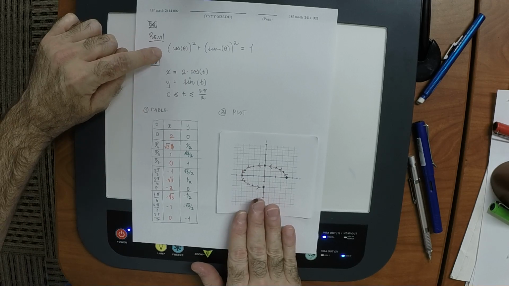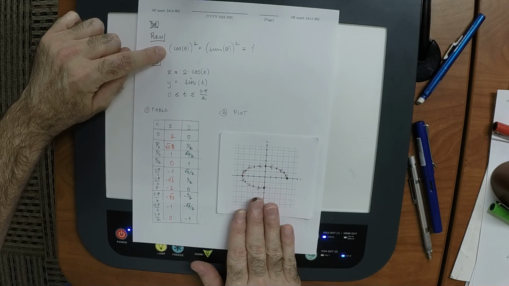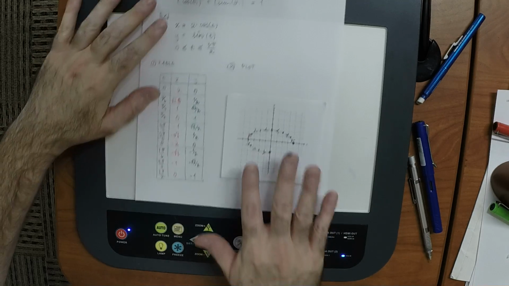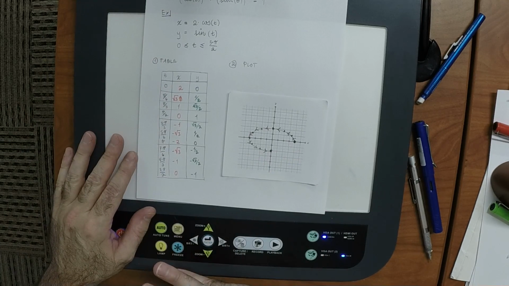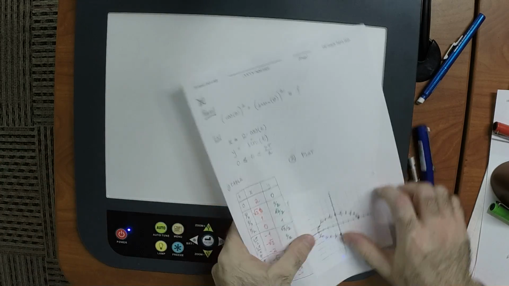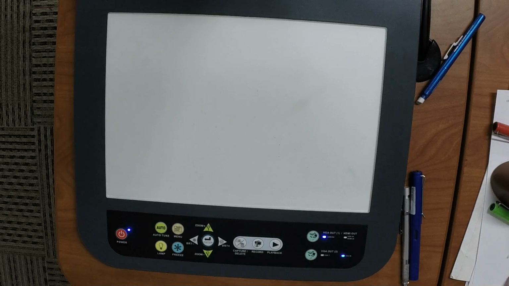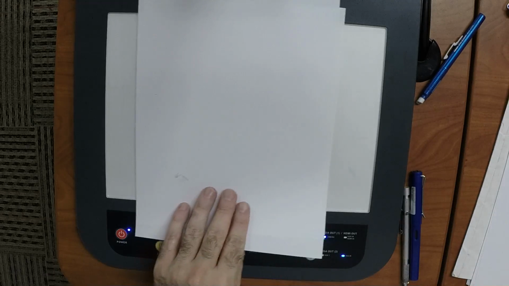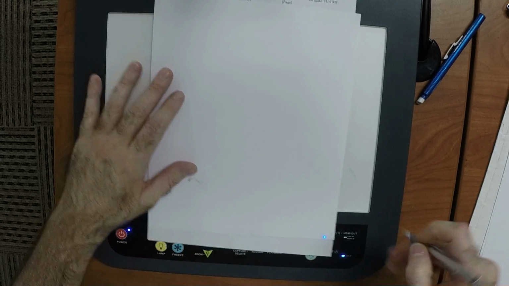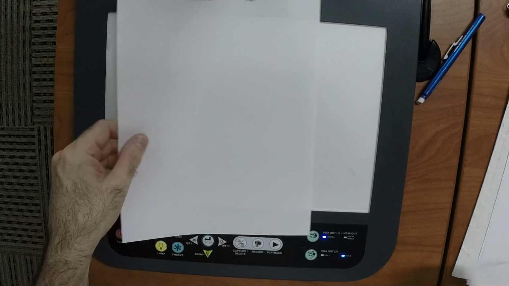Now, before we started this exercise, I wrote that. And I want you to see that this is somehow related to this. These are somehow related, because here's the deal. Some things that you're expected to know before you get to this class are the conic sections.